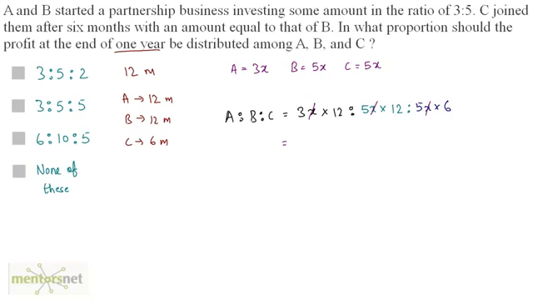Now dividing the complete ratio by 6, this 6 gets cancelled out. This is 6 to the 12 and 6 to the 12. So what remains is 3 times 2 is 6, is to 5 times 2 is 10, is to this 5. So the ratio of the profits of A, B and C at the end of this 1 year will be option C, 6 is to 10 is to 5.